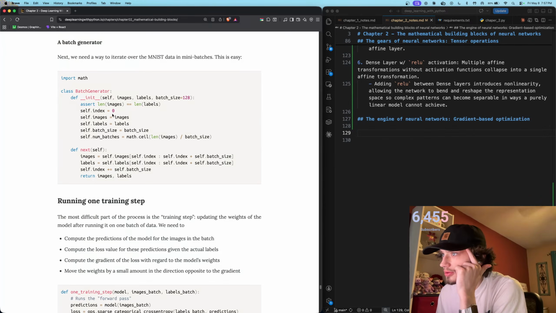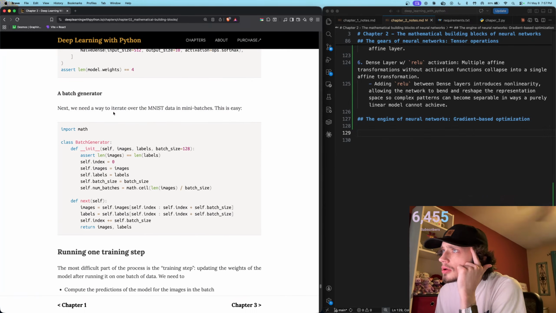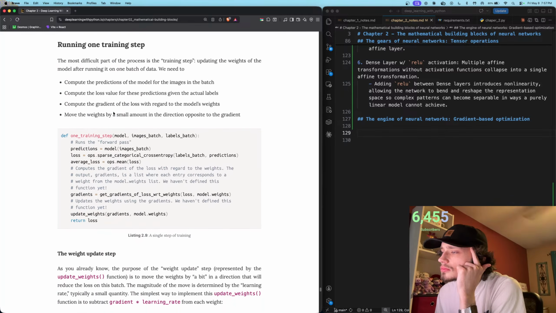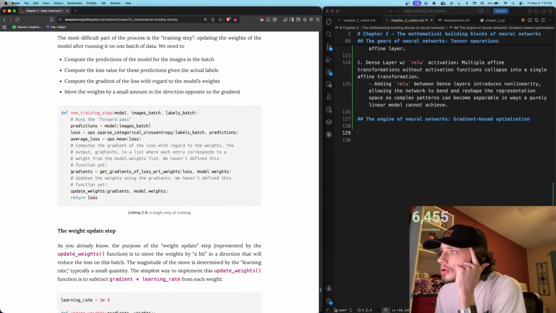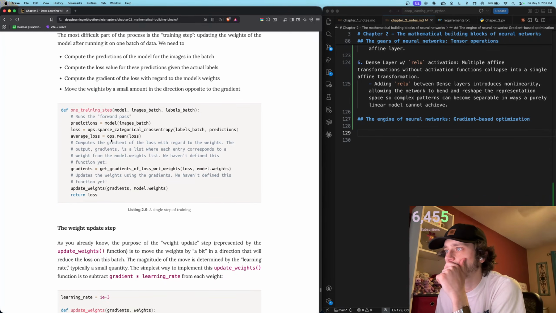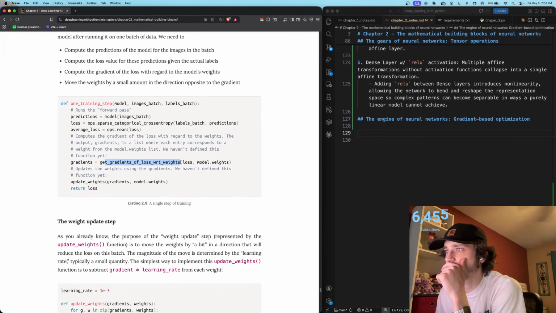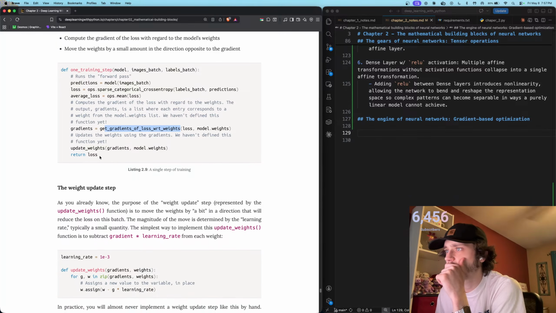So we give in our model the batch of images, you compute a loss. You have an average loss across all operations. Compute the gradient of the loss with regard to the weights. We haven't defined this function yet. And then we return a loss after updating all the weights.